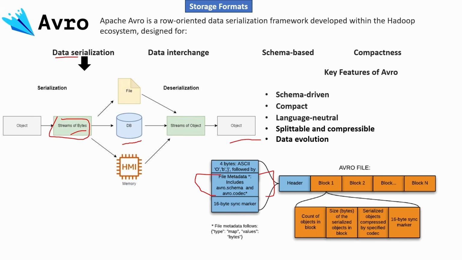It is really the coolest feature of Avro, that it supports schema evolution that allows changes to the schema without breaking compatibility with any existing data. So suppose you are adding or removing any fields, it will track those changes and ensure that these changes are not breaking the compatibility with all the existing data you have in your systems. Okay, that's pretty much about Avro.